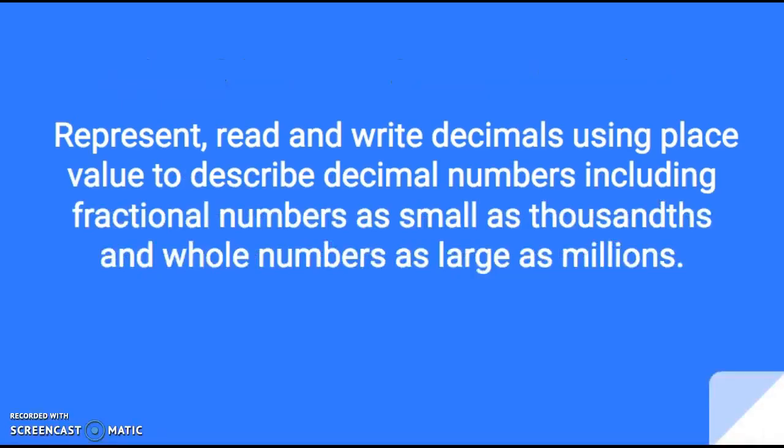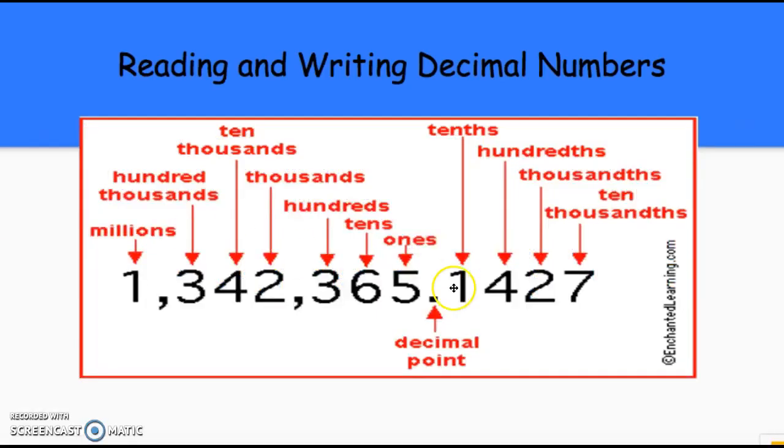Now, if we go back to our objective, we were looking at as large as millions and as small as thousandths. So you're not going to see much of this 10,000ths place. In 5th grade, we're mainly going to be focused on tenths, hundredths, thousandths, and all of these digits over here.